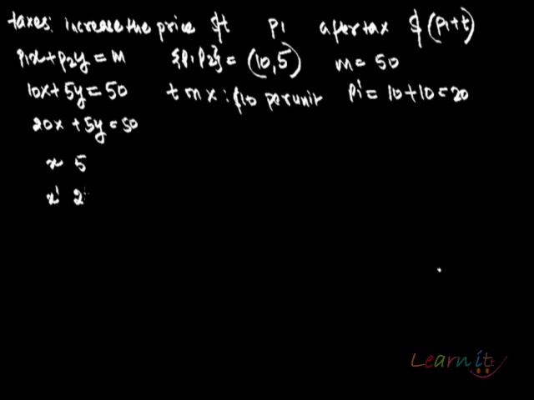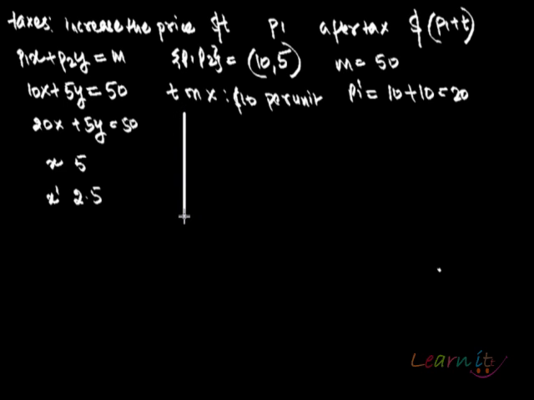That would be 2.5. So you are getting less of x. In case you want to translate it into a budget line, how would you do it?